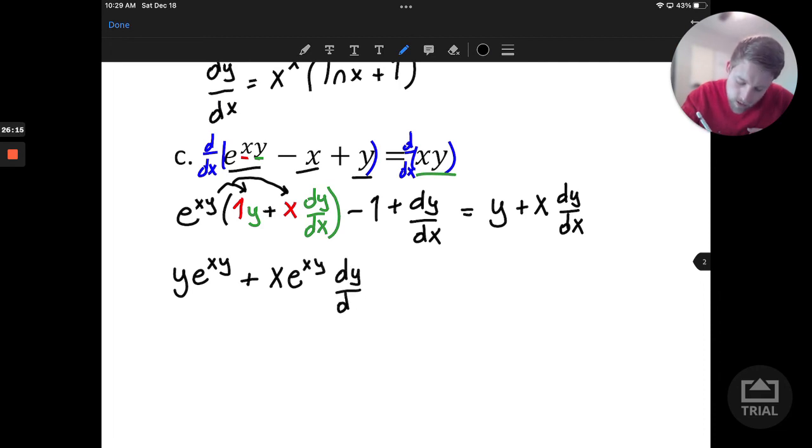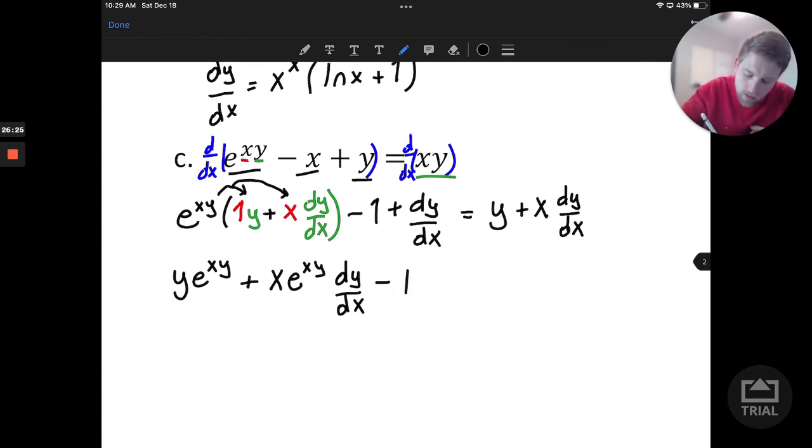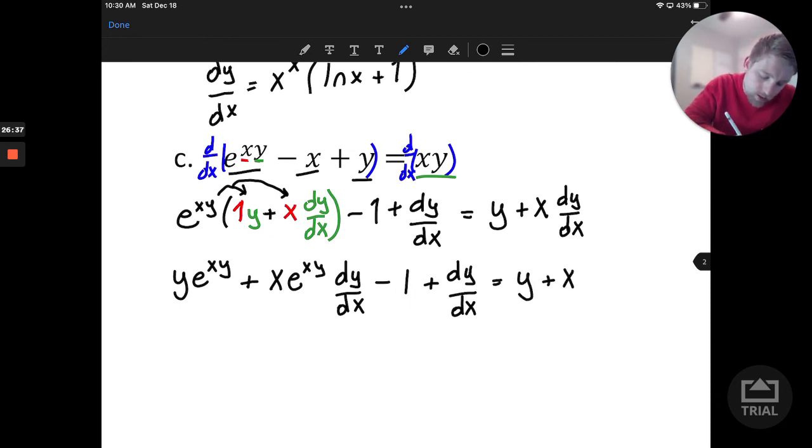I'll just put that in the back. We'll do this plus, minus 1, excuse me, we'll have minus 1, and then plus a dy/dx term. That's going to be set equal to y plus x dy/dx.